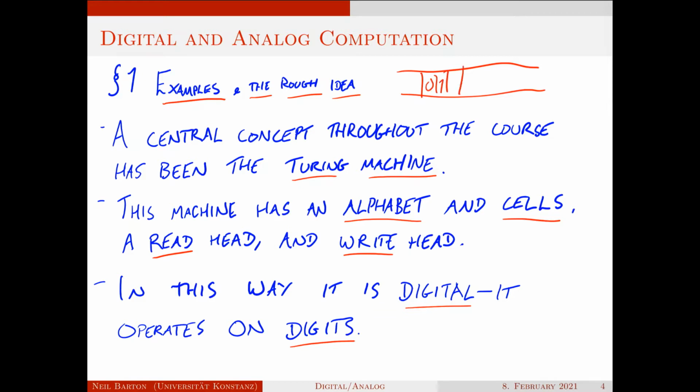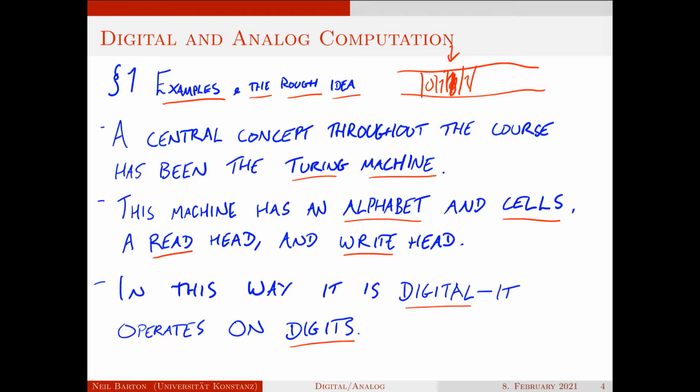They have zeros and ones in them. There's a read head and a write head, and it can change what's in the cell. So it might, for instance, get rid of this 0 here and change it into a 1 and then move left or right. Okay, so this is the idea of digital computation.